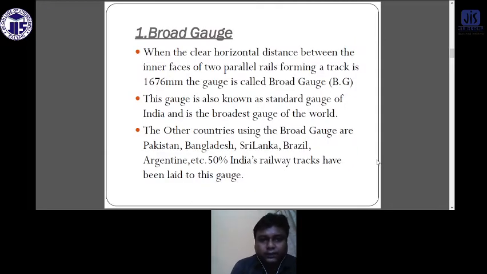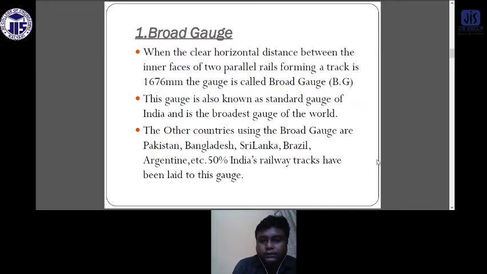Next, what is broad gauge? When the clear horizontal distance between the inner faces of two parallel rails forming a track is 1676 millimeter, the gauge is called the broad gauge. This gauge is also known as the standard gauge of India and is the broadest gauge of the world.